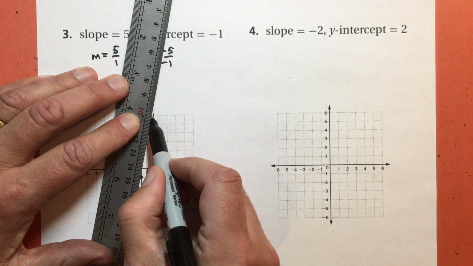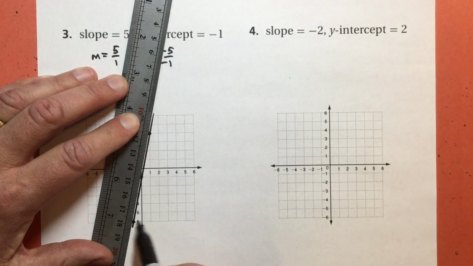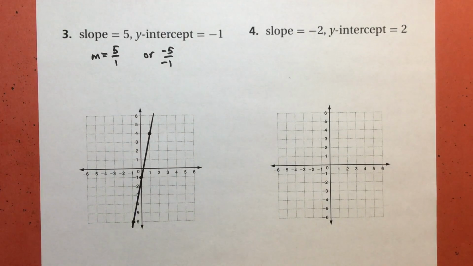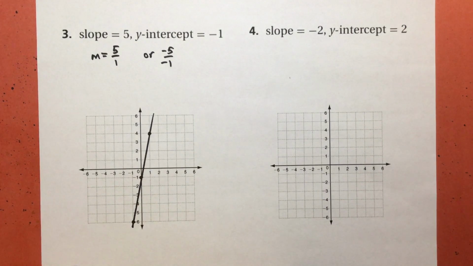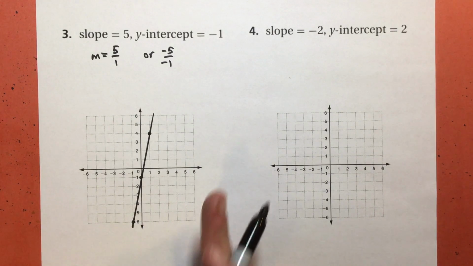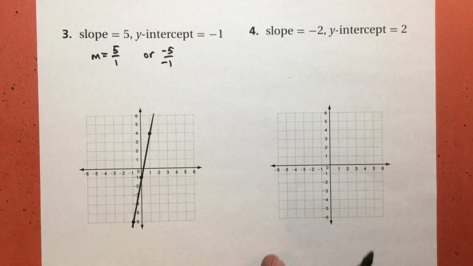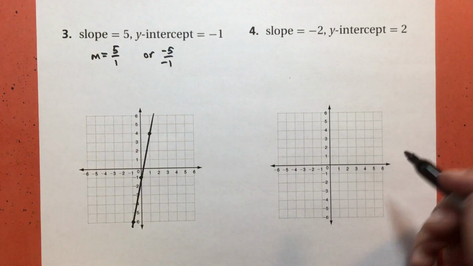Notice, even though 5 is not a very big number, relatively speaking, it makes a really steep slope. I don't think I could ride my bicycle up a hill that steep. But it's still not perfectly vertical. Vertical lines do not have a slope, but we'll get to that later.